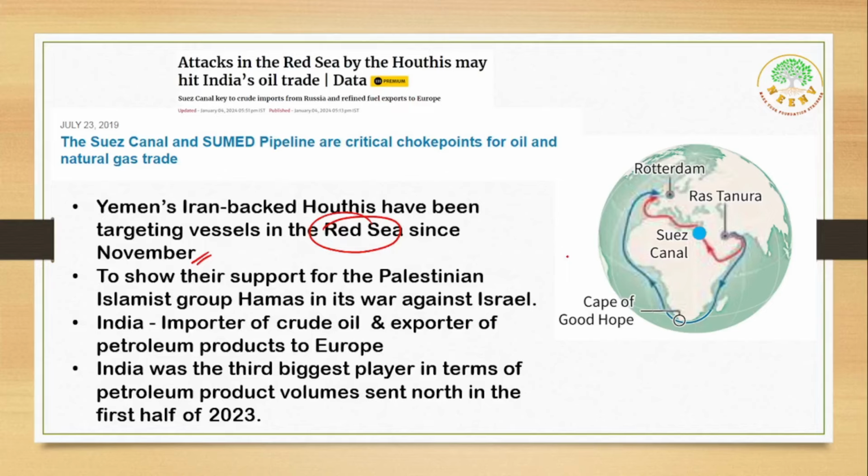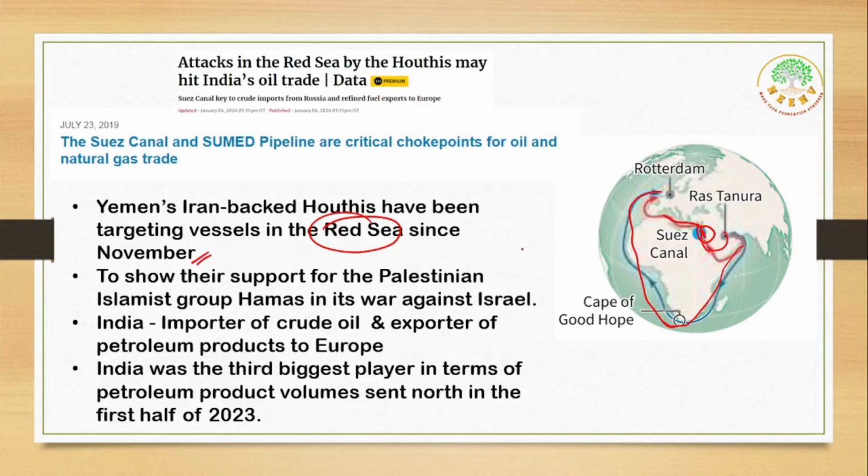And why is Red Sea crucial? Because of the Suez Canal. So if there is no access to the Suez Canal, and if the container shipments cannot pass through Suez Canal, one has to go through the longer route crossing the African continent and the Cape of Good Hope.